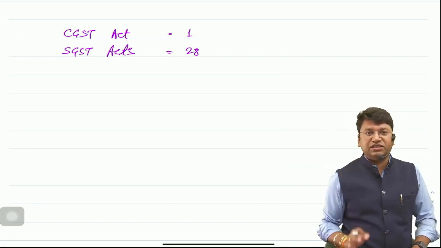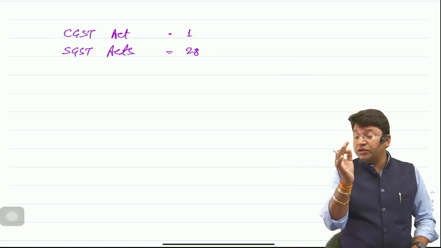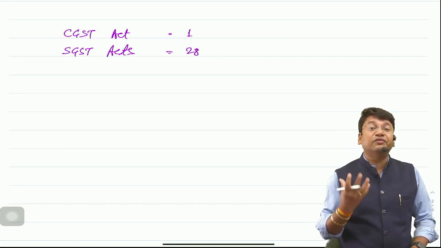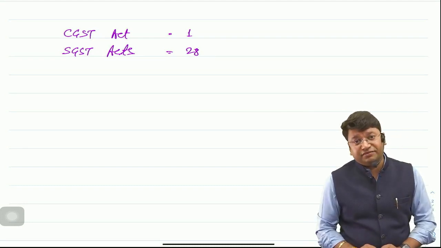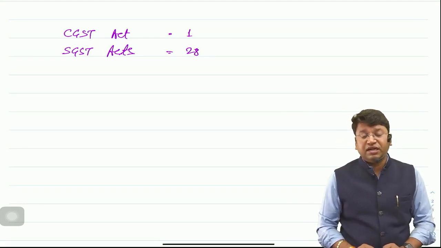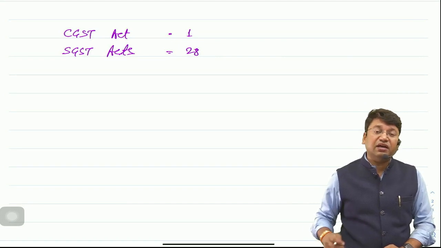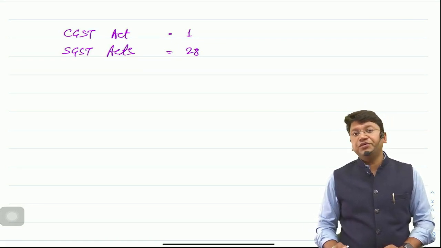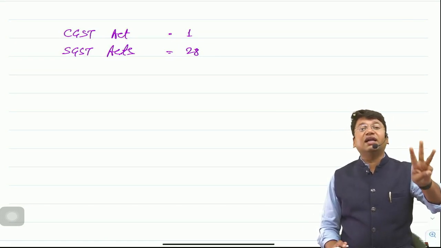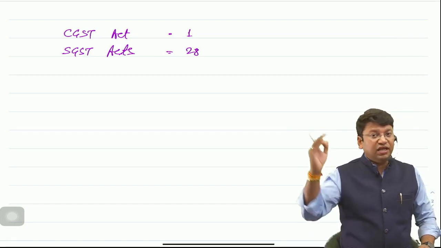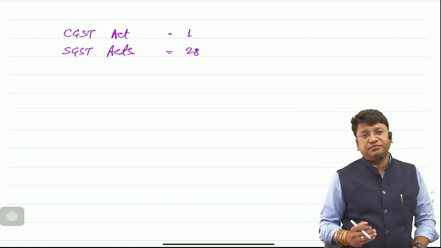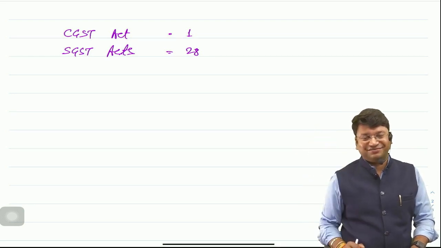So one is the CGST Act, and then the SGST Acts. In our country, 28 are the states. There are 8 union territories in India, but out of those 8, 3 union territories have their own state legislature: Delhi, Pondicherry, and Jammu and Kashmir.